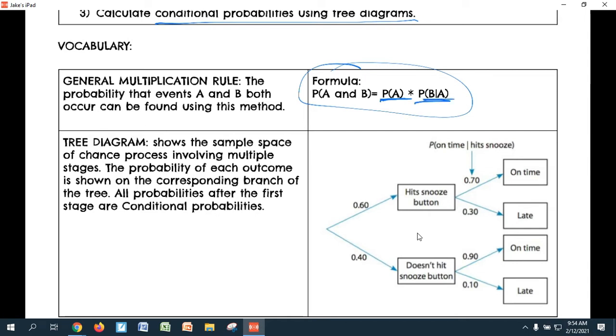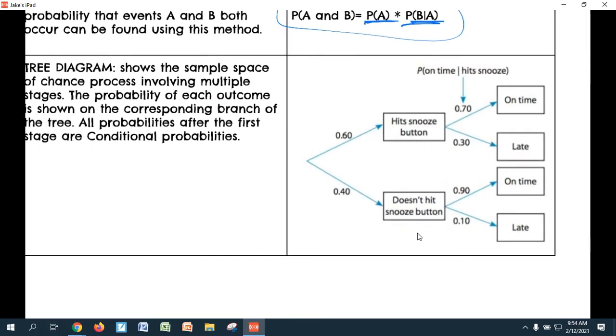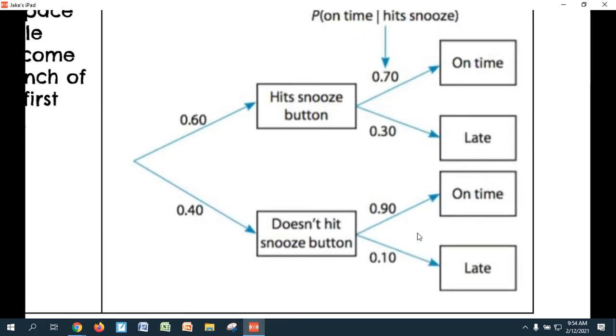All right, so an example here. This right here is called a tree diagram. It's just a way to show probability. What this is representing is you wake up in the morning, and the probability that you hit your snooze button is 60%, and 40% of the time you don't hit the snooze button.